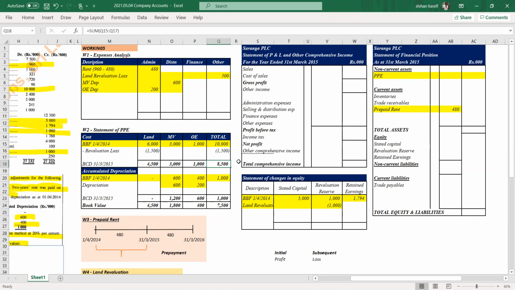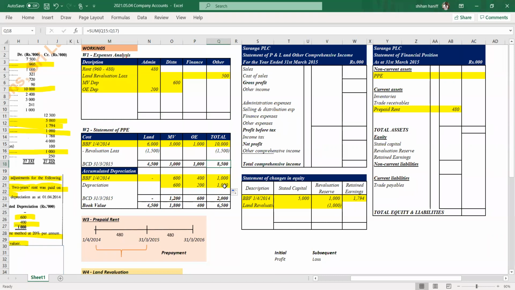No. 8,500 is cost. So depreciation total is, yeah, wait, 2,000. Depreciation total is 2,000. Then how much is the book value? Book value is 6,500.